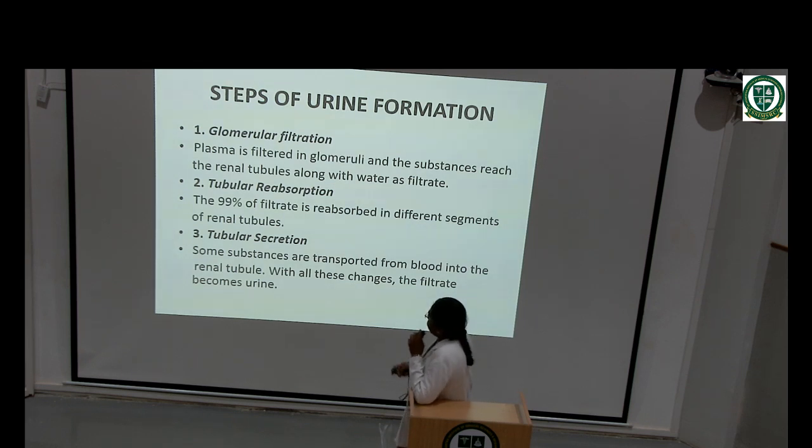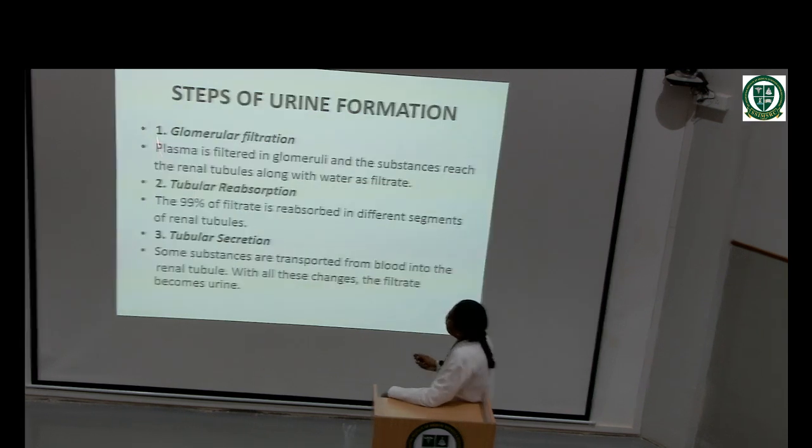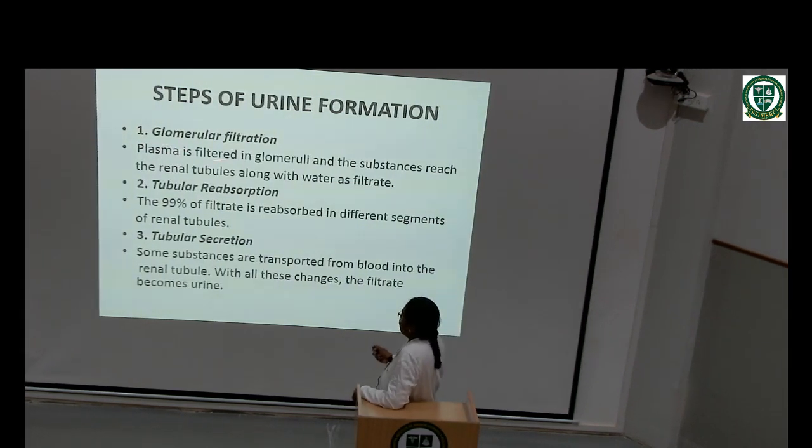Students, to repeat. The steps involved in urine formation are glomerular filtration, second is tubular reabsorption, third is tubular secretion. First, glomerular filtration: plasma is filtered in the glomeruli and the substances reach the renal tubule along with the water as a filtrate.